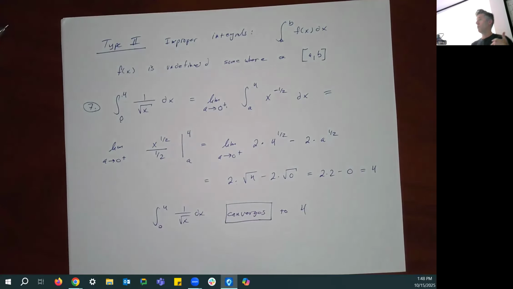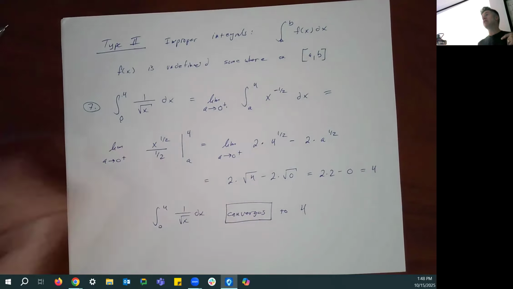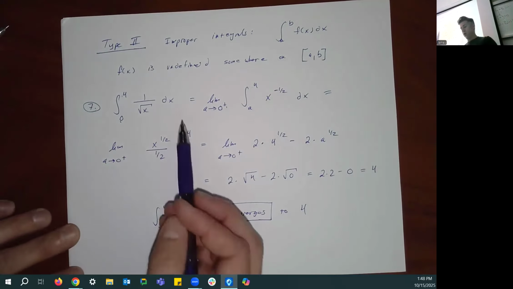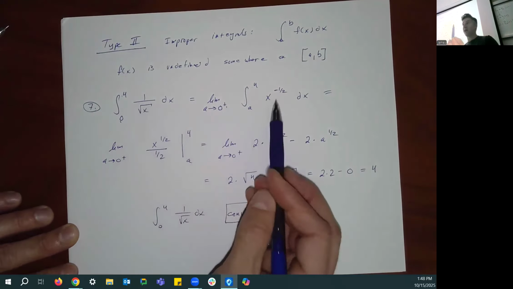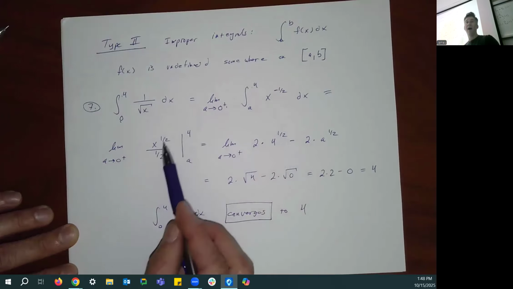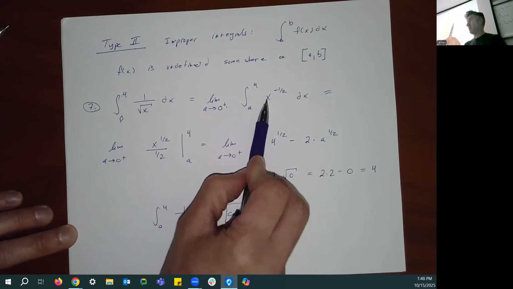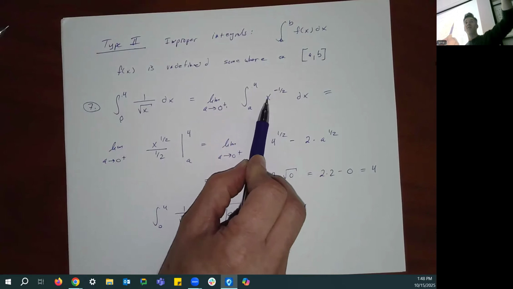Here's what I would say in general. Most of these types of improper integrals are usually improper because of some sort of division by 0. There's one exception, we'll address that in a minute. But usually you're dividing by 0 in some terrible way. If your integral makes you go from x to a negative power to x to a positive power, well, that's division by 0, right? Because 0 to a negative power is really like 1 over 0 to that power.